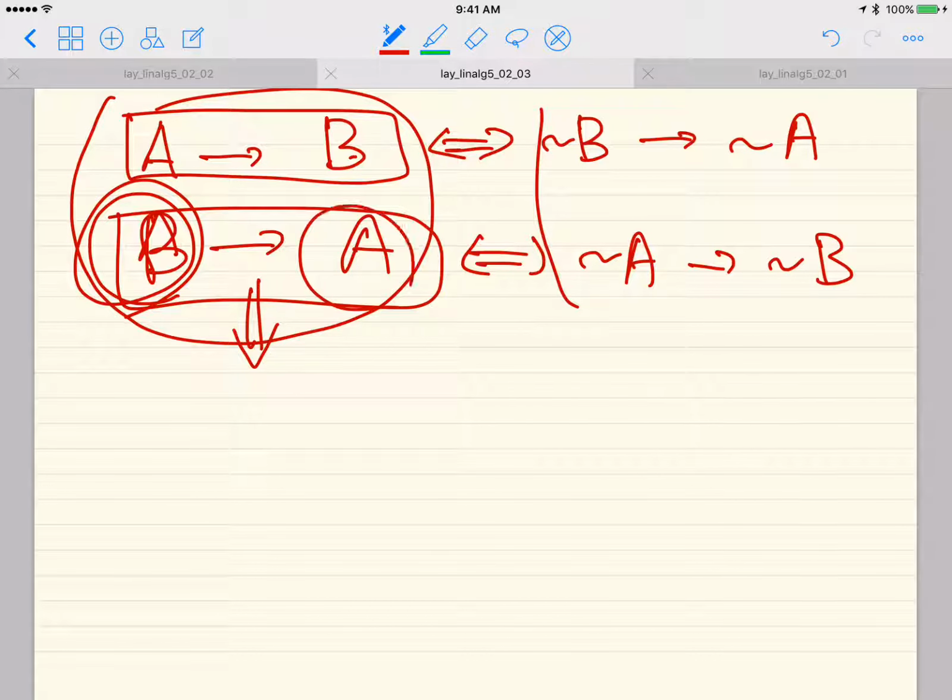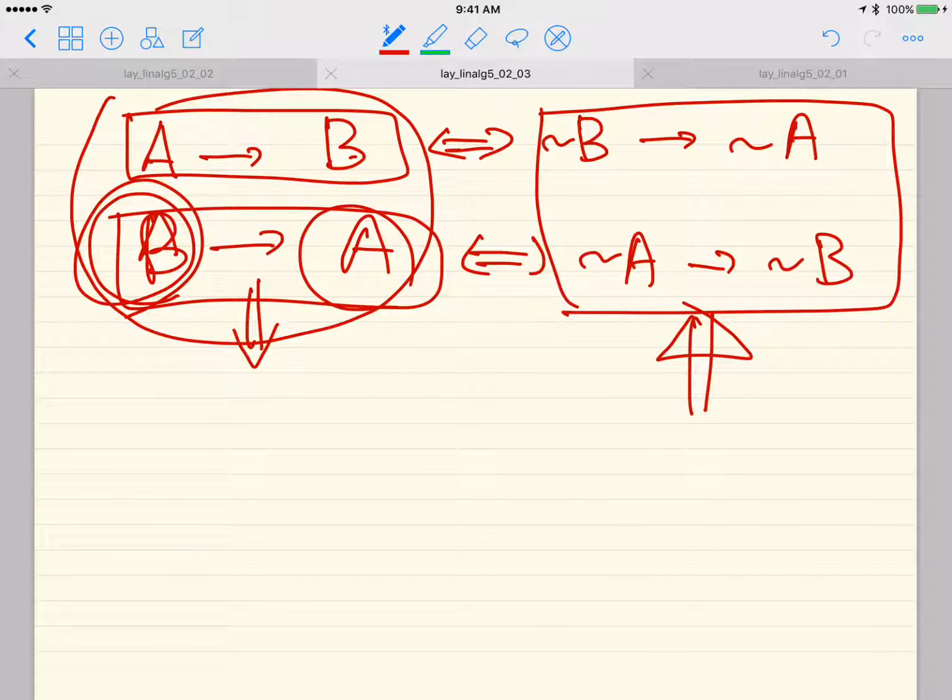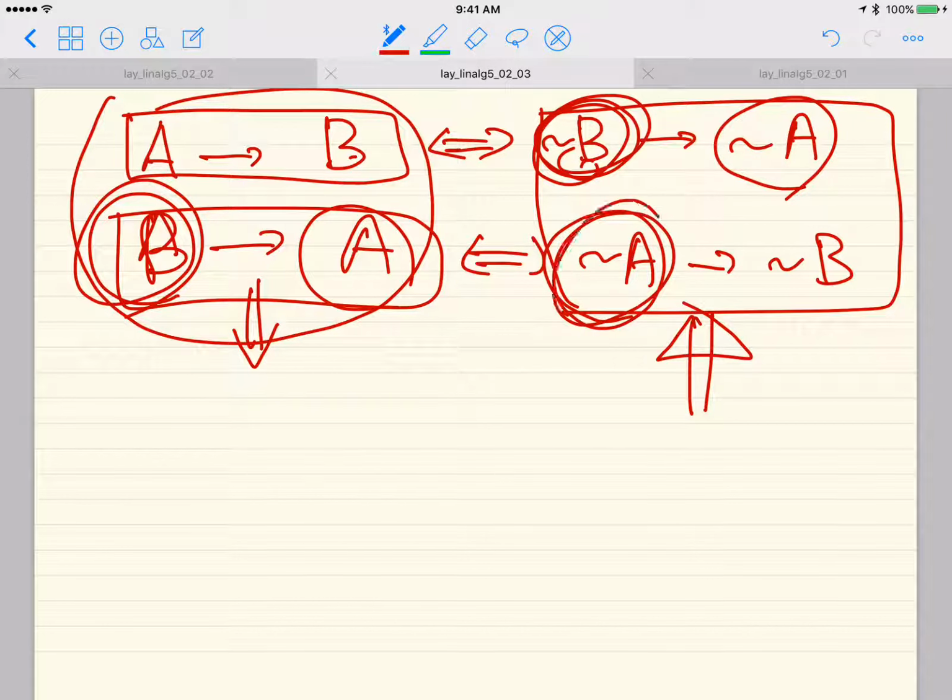So in this case, if A is true then B is true, and if B is true then A is also true, okay? But if we look at the counterpart on the right side, it is saying that if B is not true, then automatically A is not true, and if A is not true, then B is also not true, right?